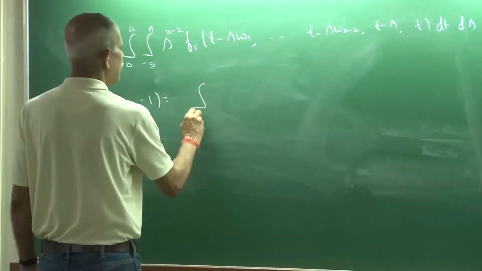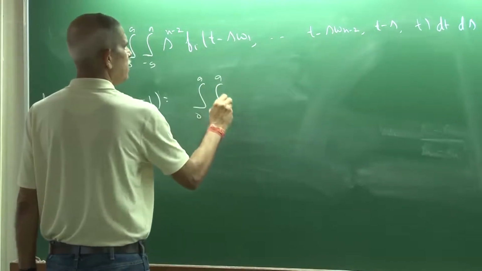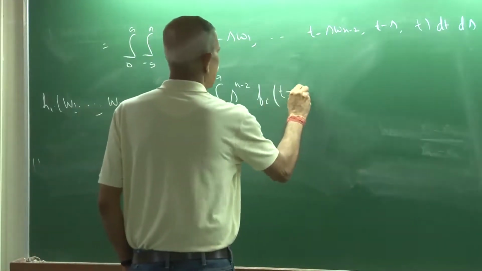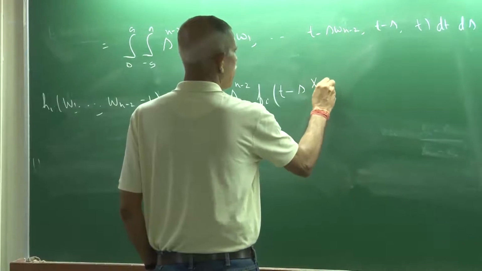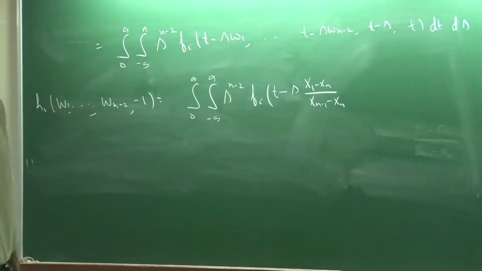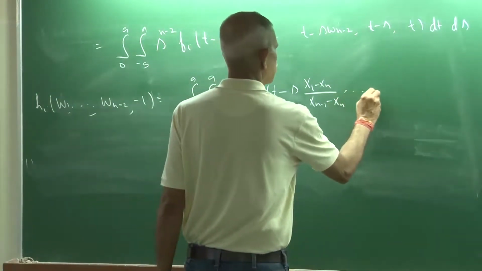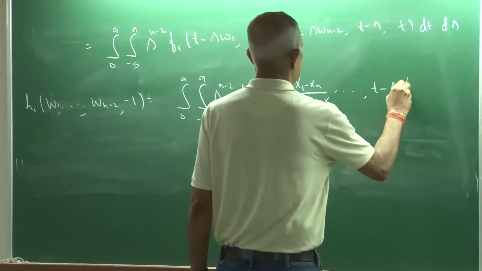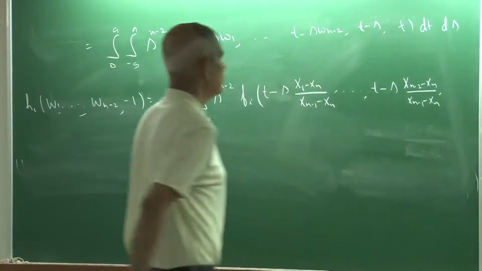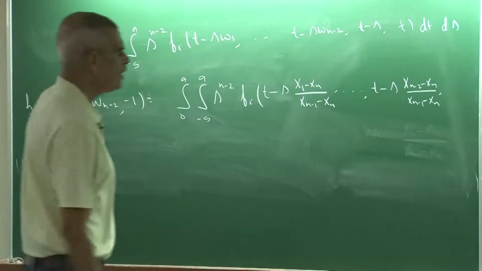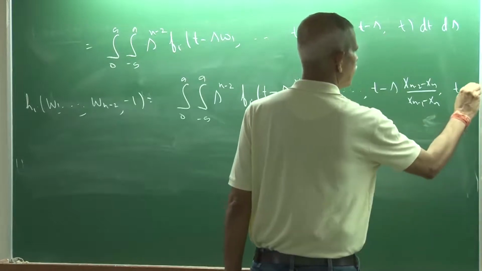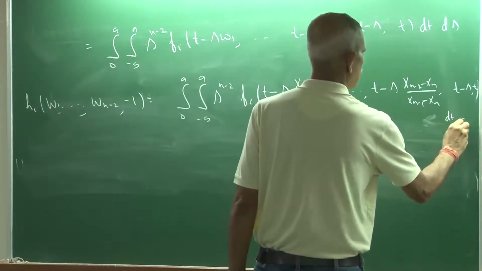This is nothing but 0 to infinity, minus infinity to infinity, s to power n minus 2 phi of t minus s times W1, which as a random variable is x1 minus xn upon xn minus 1 minus xn, t minus s times xn minus 2 minus xn upon xn minus 1 minus xn, and then t minus s and t, dt ds.